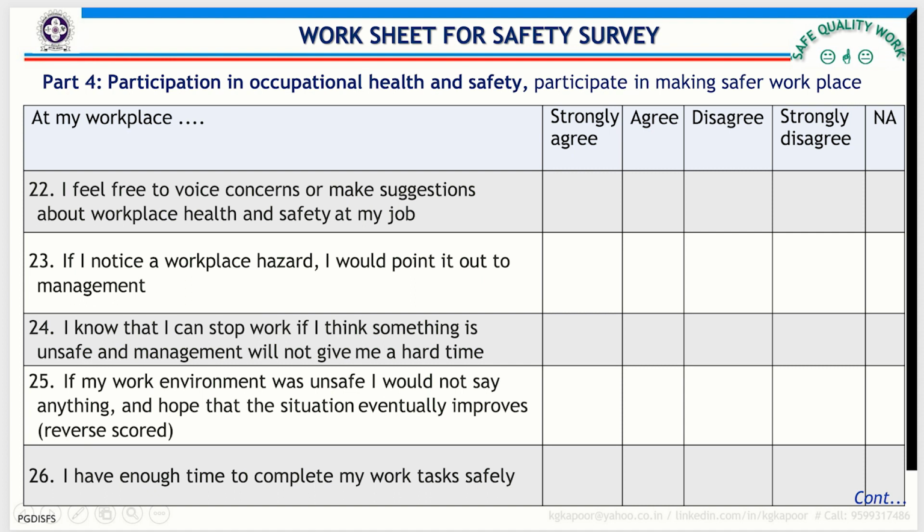Similarly, you will put a question: at my workplace, if I notice a workplace hazard, I would point it out to the management. The participant will reply strongly agree, agree, disagree, strongly disagree or not applicable.